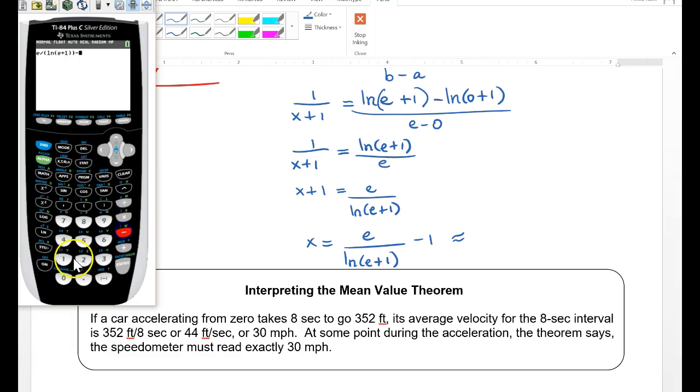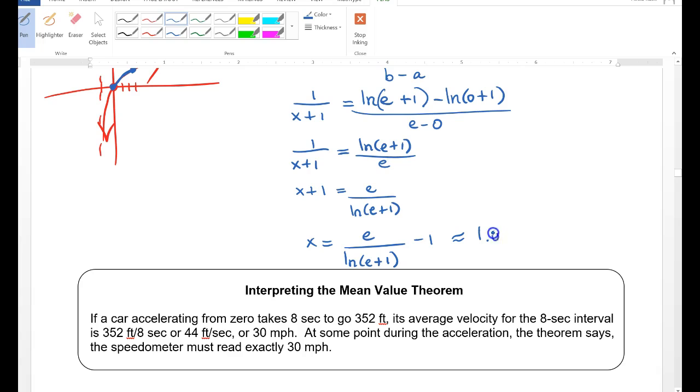I got like 1.07. Truncated, 1.0699. If you truncate, then you don't need the last 9.